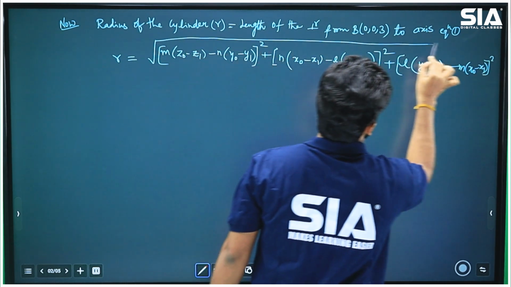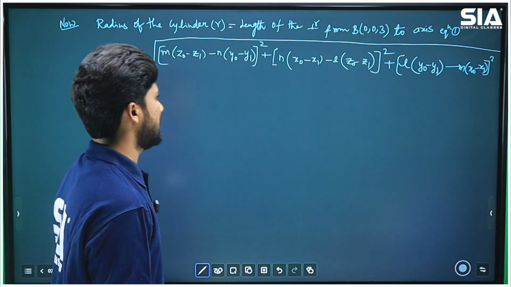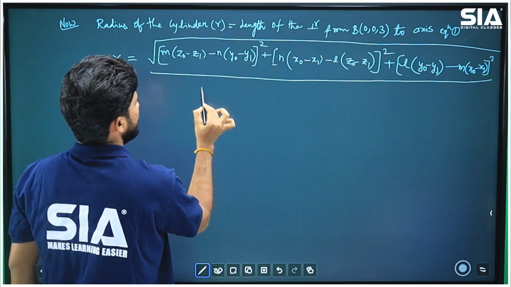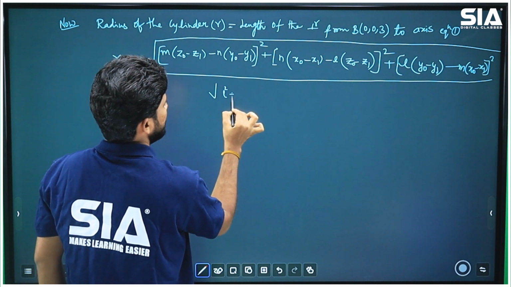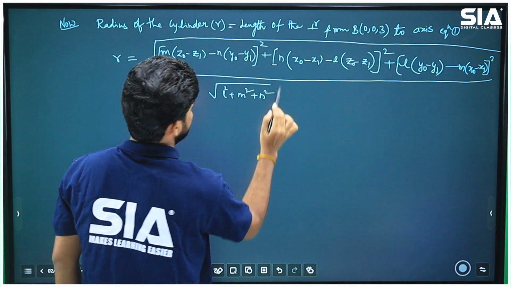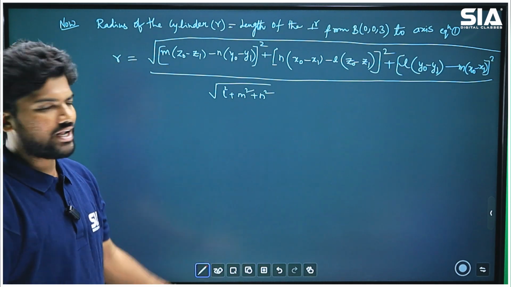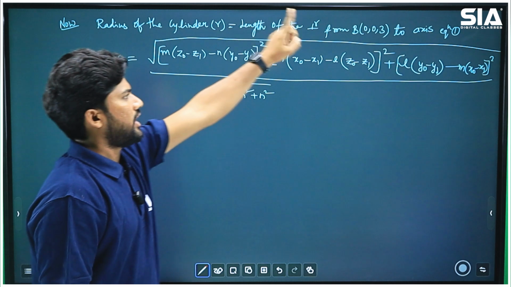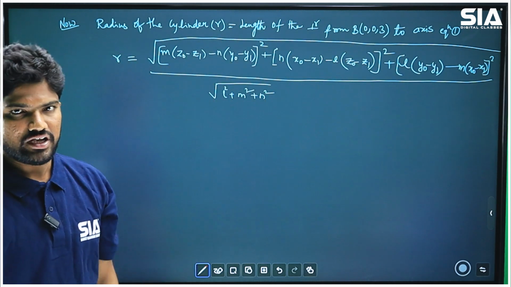This is the numerator, all divided by the sum of the squares of the direction ratios, l square plus m square plus n square. This is the formula to find the length of the perpendicular from a point to the axis of the cylinder.